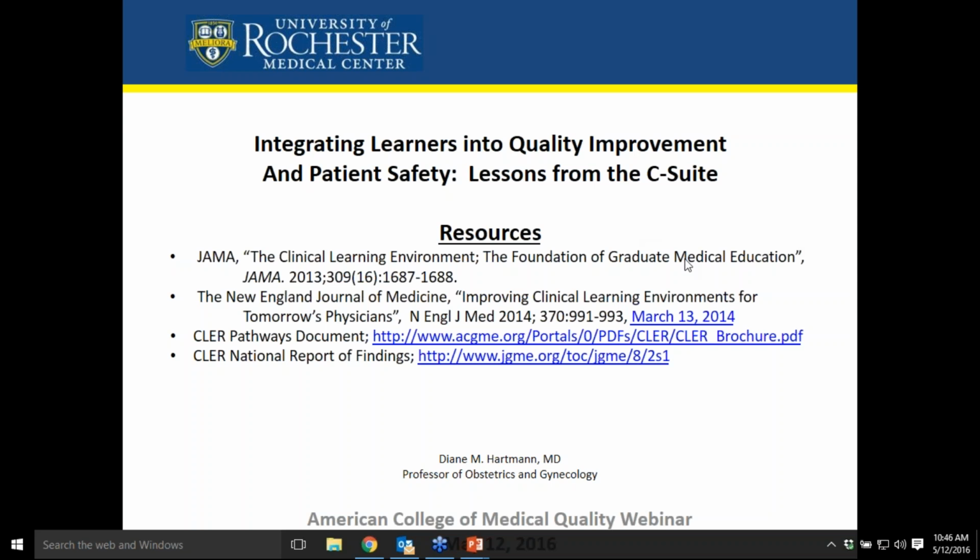We do have a couple of questions, and I'd like to start with the first one. Are you aware of any current training for faculty on QI and PS to improve their ability to teach residents? I am, and we're going to buy it here for the University of Rochester. I understand the cost is not that high.